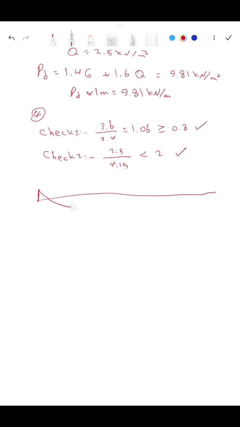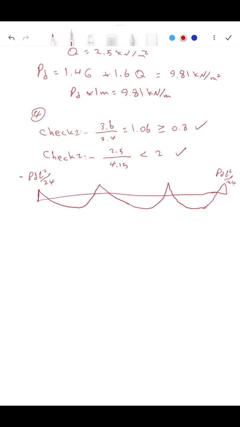So this is support, span, support, span, support, and span, and also we have another support. So here, PDL square over 24 negative, and PDL square over 24.